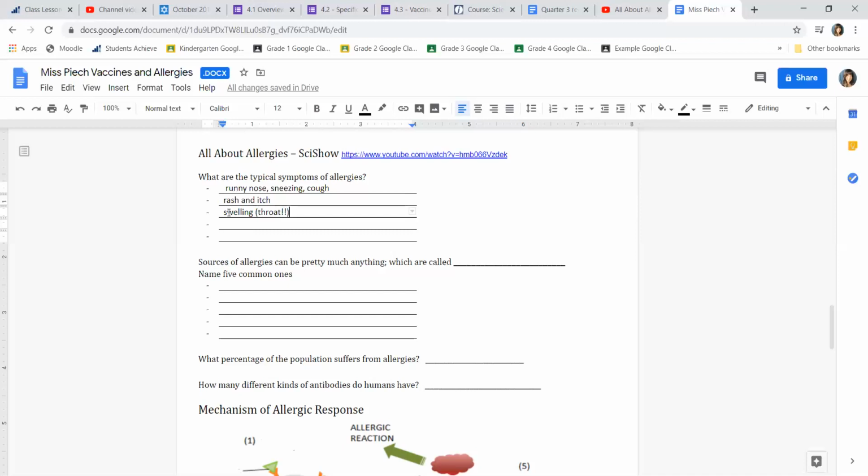For those allergic to peanuts, especially with a severe allergy, if they ate something that had peanuts in it, their throat might start swelling so they can't breathe. And that'd be very, very scary.